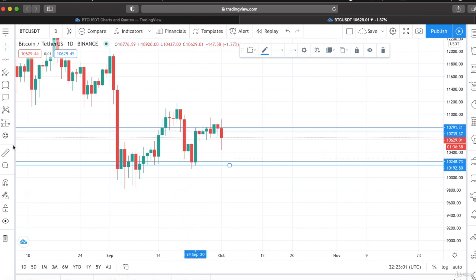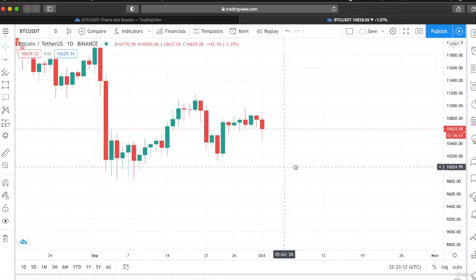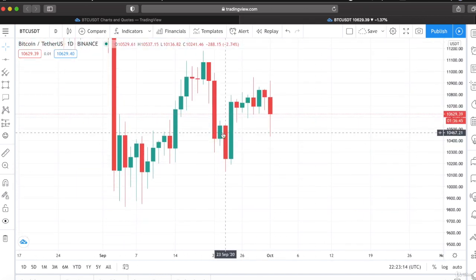As you can see, on this specific day the price opened here and closed at this point. So now let me show you the bearish example. Now as you can see, this is the bearish candlestick.